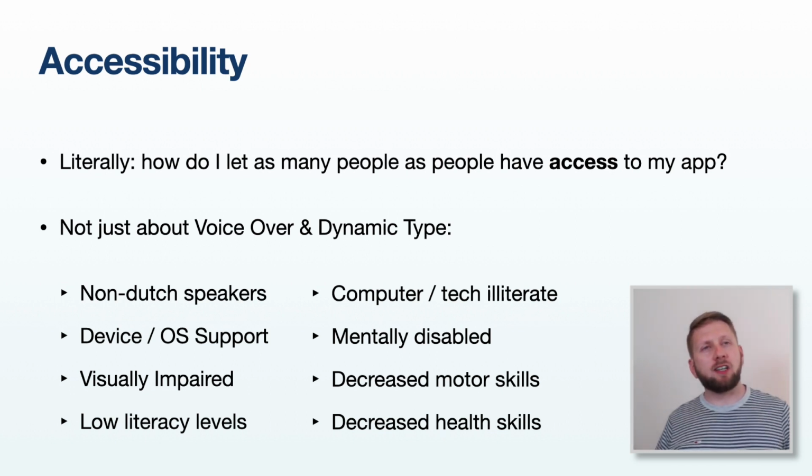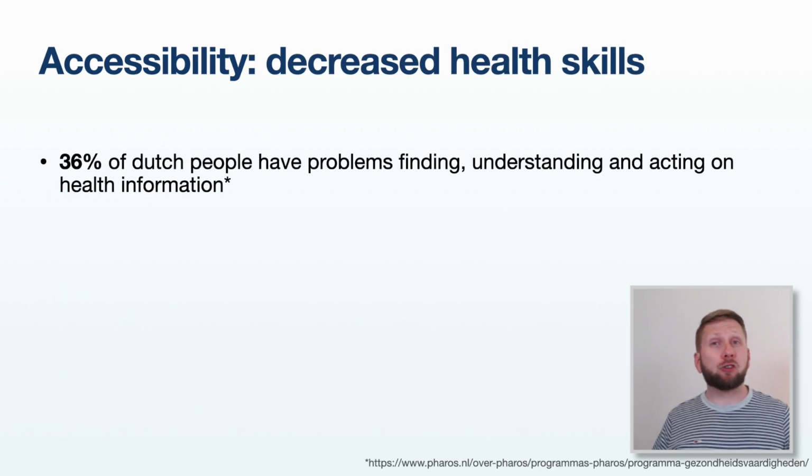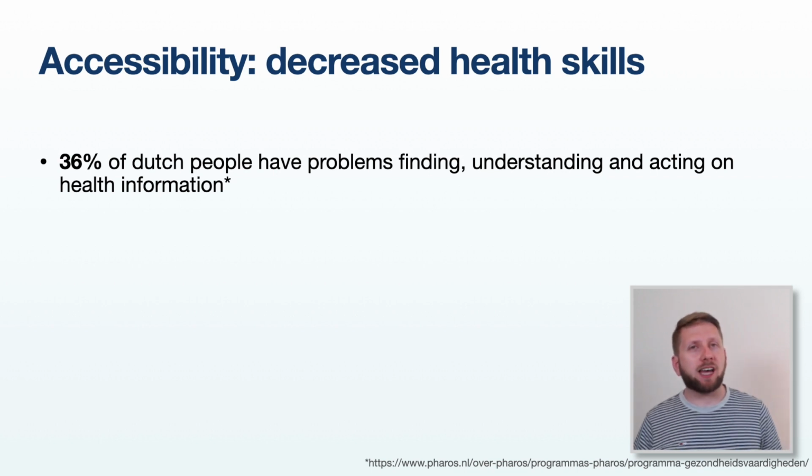Health skills are something that's, I think, quite unique for our application, because if you're building a health application, you need to take this into account. So what does it actually mean? Well, first of all, 36% of Dutch people have a problem with finding, understanding, and acting on health information.